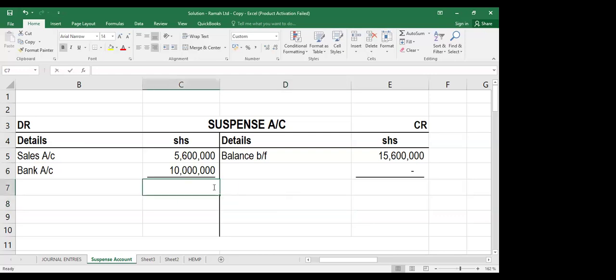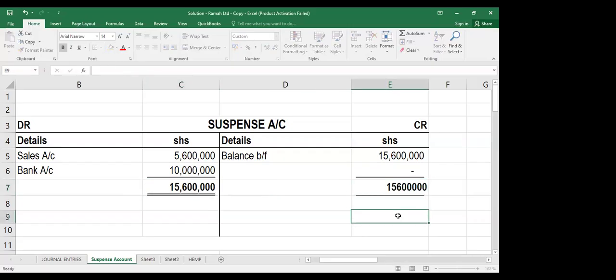So we have a total of 15.6, and a total of 15.6. So it means this 15.6 is completely out.